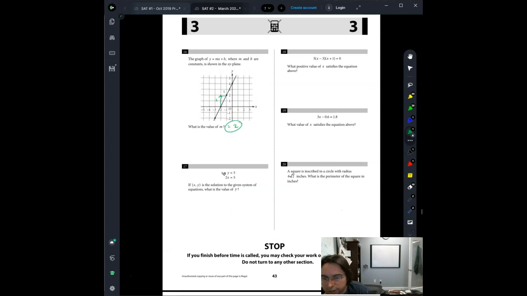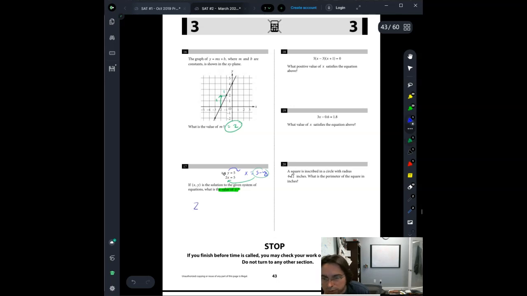17, it says, what is the value of Y? We're solving for Y, so it means we want to eliminate X, correct? What I can do here is move that over. And so what that's going to do is give me X equals 5 minus Y. And so then I can take this piece and put it right where X is.